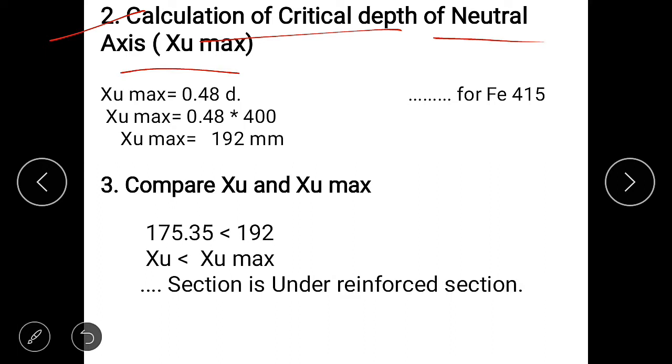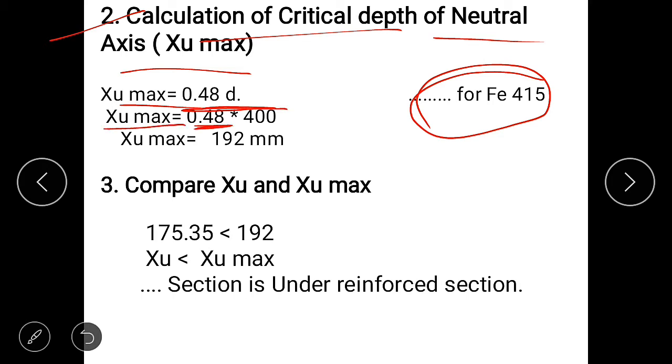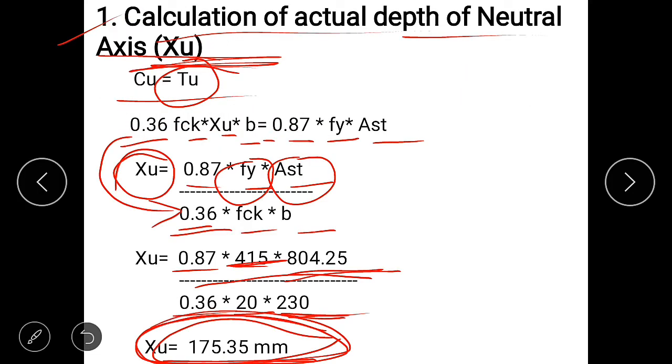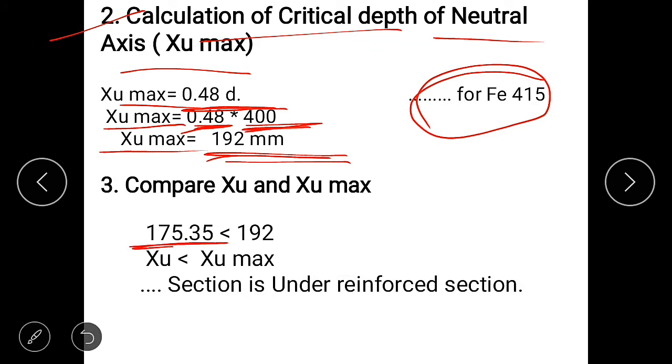Now second, the calculation of the critical depth of neutral axis. So we have to find Xu max. For Fe415, Xu max value is 0.48 d. So Xu max equals 0.48 into d, the effective depth already given as 400, that is 192. So Xu max is 192 and Xu we found is 175.35.